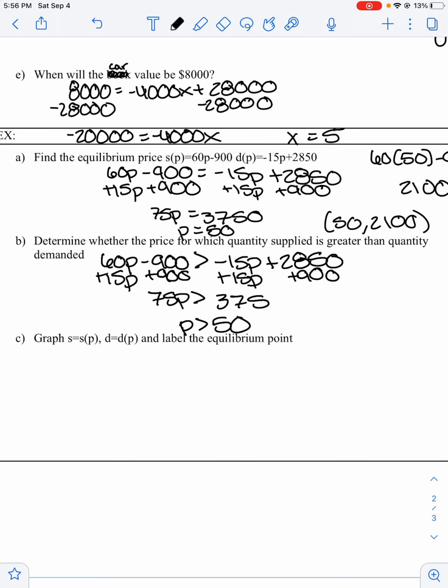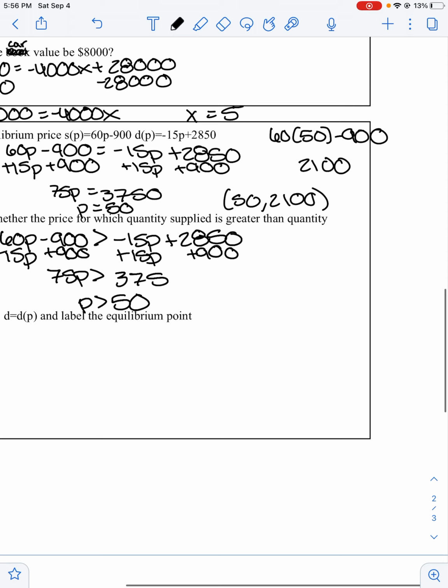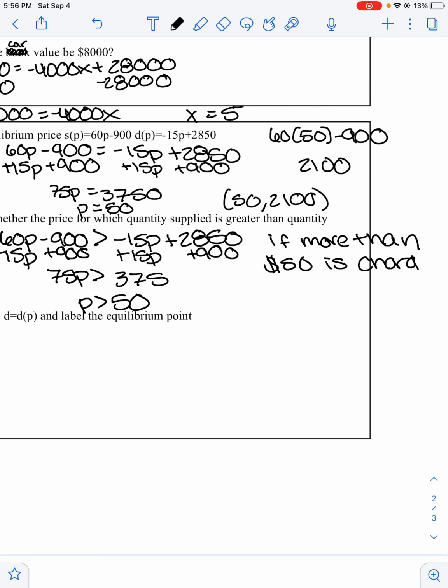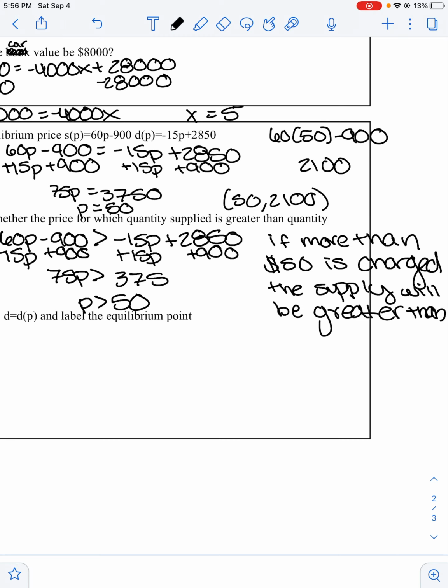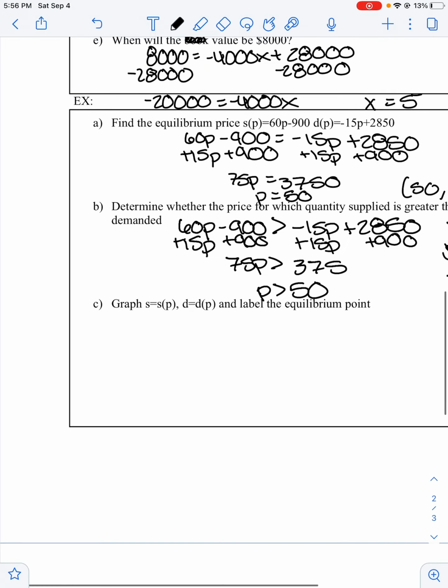P is greater than 50. So in context, if more than $50 is charged, the supply will be greater than the demand. Sorry for the messy handwriting.